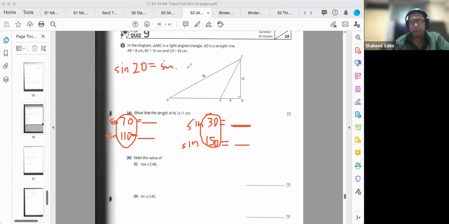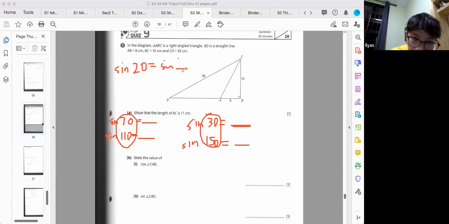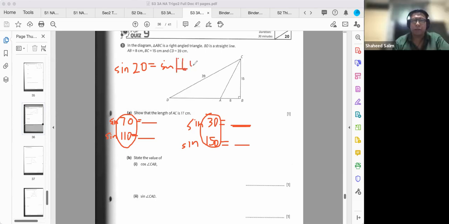Sine 20 is equal to sine 160. Check with your calculator. So if you have two angles that add up to 180 degrees, the sine will be the same.